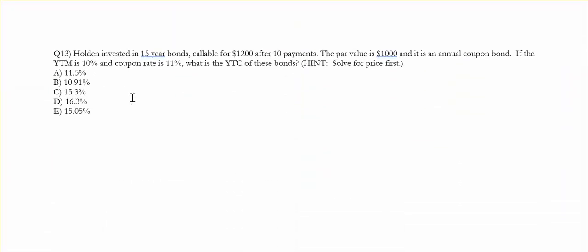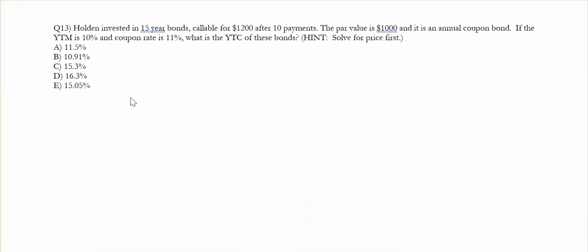All right, let's go to number 13. This is a new kind of problem because we see that the bond is callable. All right, and this is a tricky problem because, first of all, we have this new concept of a callable bond.